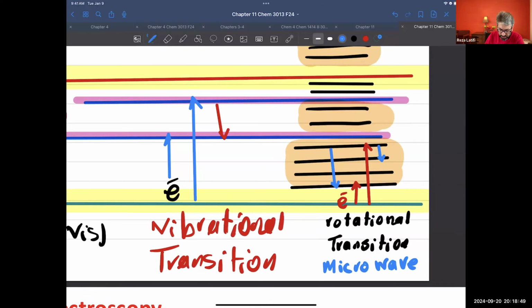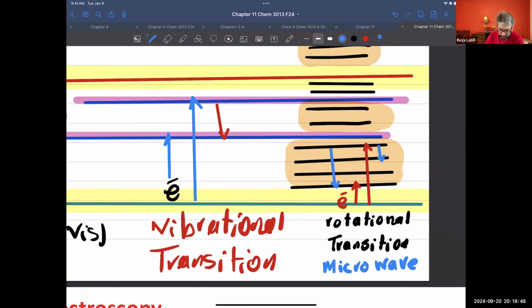So let's summarize whatever we said. If you're transferring an electron from the first electronic layer to the second electronic layer, we say you are dealing with an electronic transition. If you are still between those two electronic layers, not sending it to another higher electronic layer, we are not going out of those two layers.